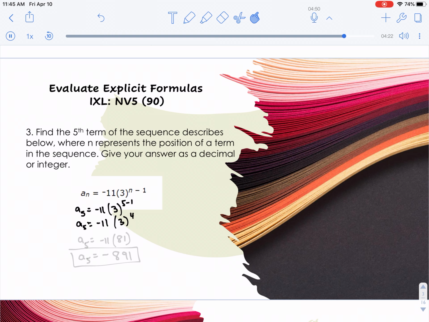So a sub 5 is a negative 11 times 3 times 3 times 3 times 3, which is 81. And a negative 11 times 81 is 891, but it's negative, so a sub 5 is a negative 891, and there's the fifth term of this sequence.